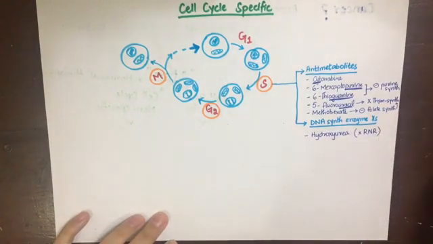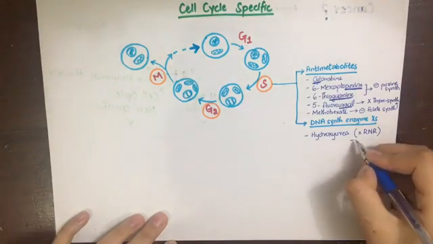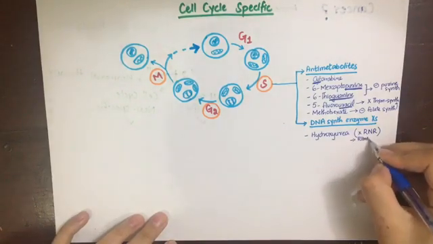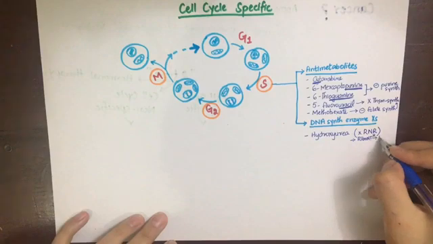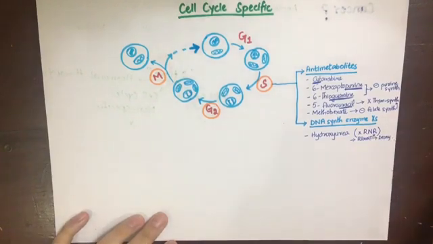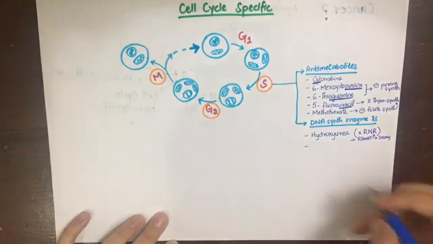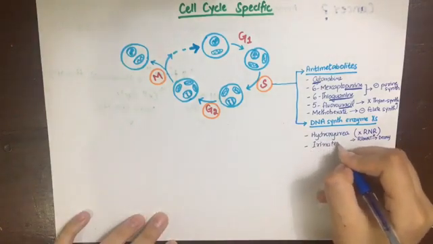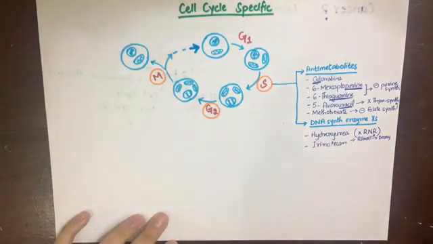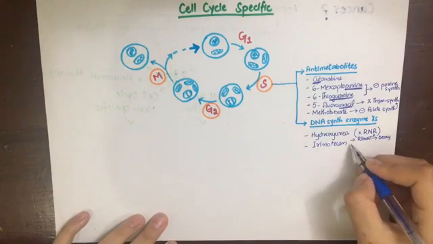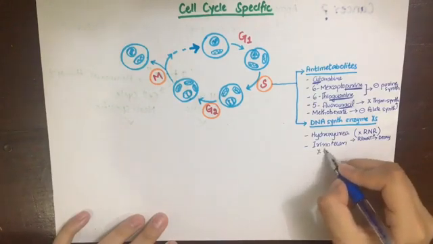Second are the DNA synthesis enzyme inhibitors. Now, these are the enzymes that are used in DNA synthesis. They are hydroxyurea, which will inhibit the enzyme ribonucleotide reductase, which converts the ribonucleotides into deoxyribonucleotides. Irinotecan inhibits topoisomerase 1.